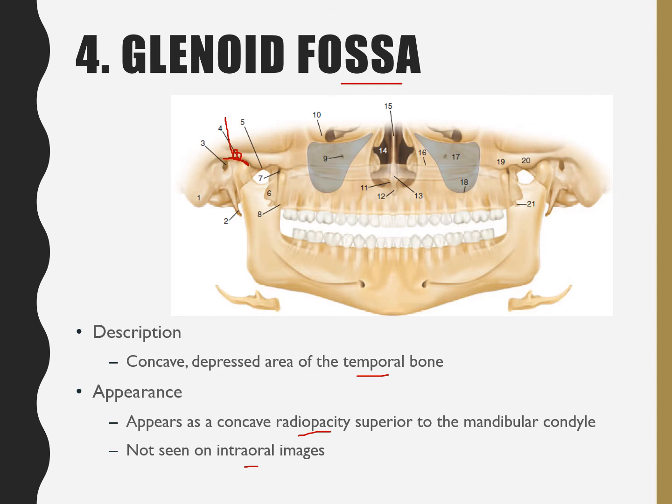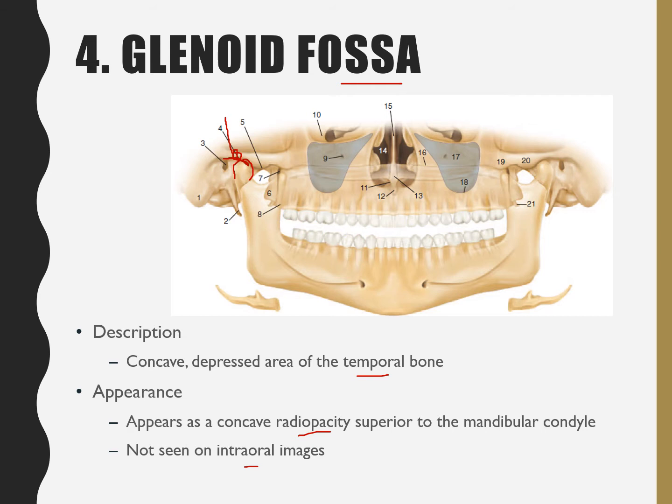And it's very important because this is where the condyle of the mandible actually kind of rests and hangs out. Whenever there's an issue with this fossa, maybe the patient has some type of difference in the way that they're shaped, or variations or less than ideal situations going on with their glenoid fossa, then they're going to have TMJ issues, right?